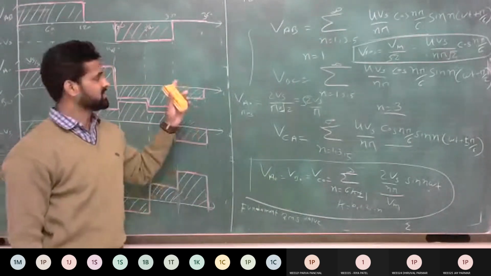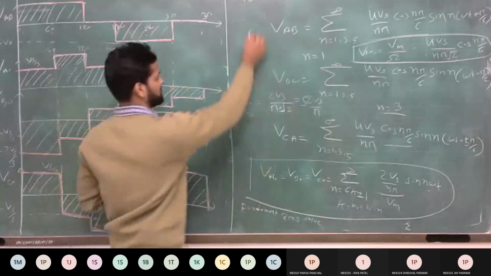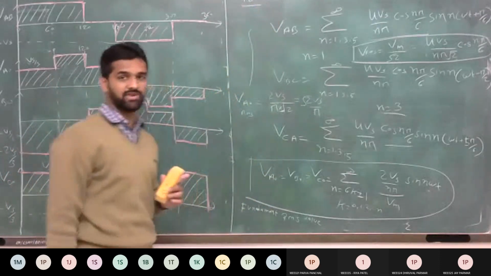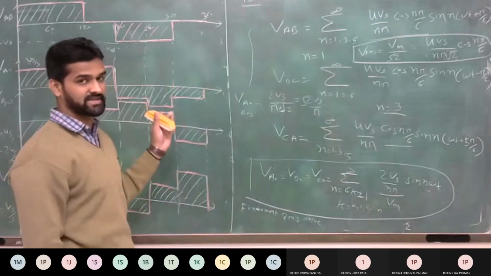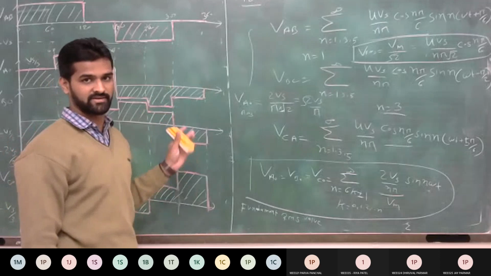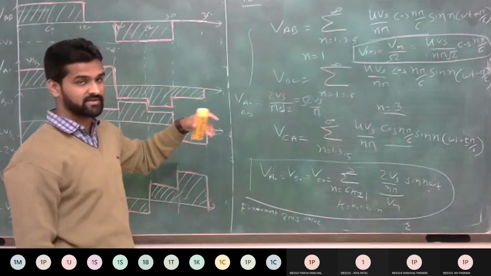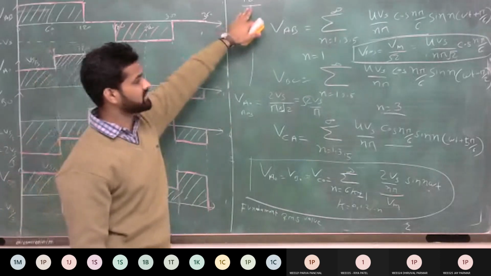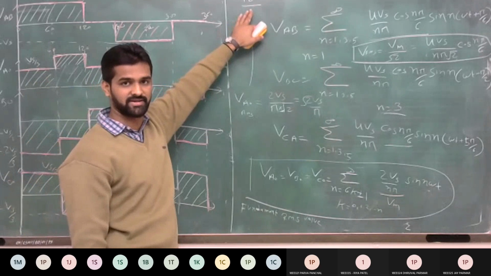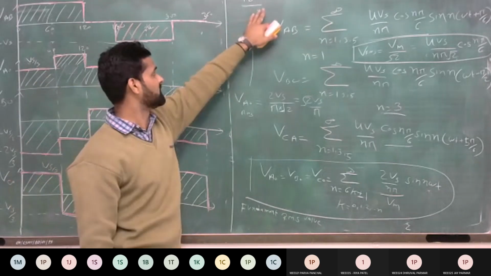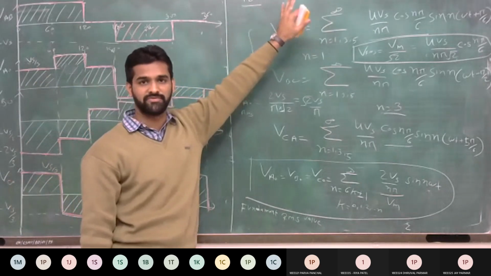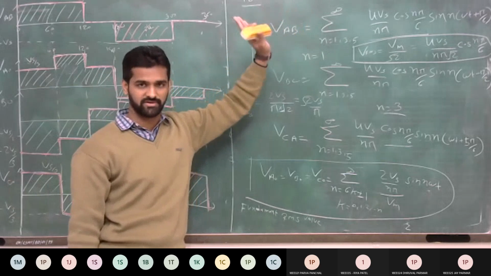Because in this case, each thyristor conducts for 120-degree duration. In 180 mode, each thyristor conducts for 180, that's why we gave the name 180 mode of VSI. Here each thyristor conducts for 120-degree duration, so we give the name 120-degree mode of three-phase voltage source inverter.